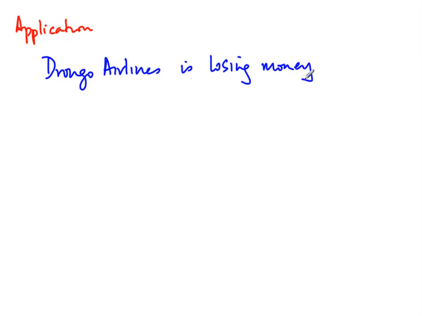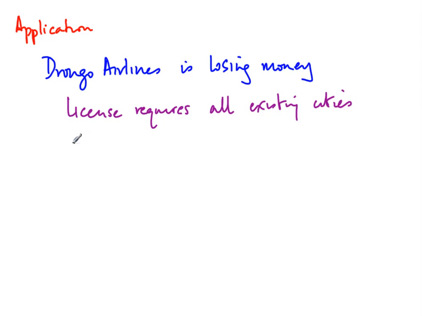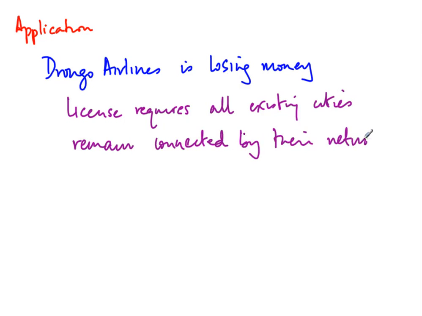So they want to save money by cutting down on some routes, but the license requires that all existing cities remain connected by their network. So it is not acceptable to delete routes from the network in such a way that one can no longer go from one city on the old network to another city on the old network, because there is no way to go from one to the other.